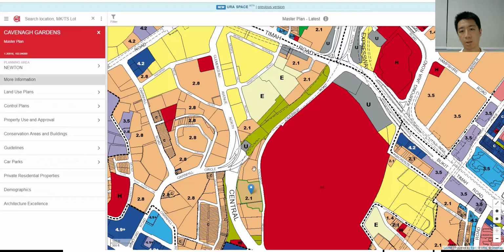Yeah, so the land around a sensitive area like the Istana also corresponds to the height restriction on the master plan. The plot ratio and the height restriction follow. If it's deemed to be a sensitive area, then the plot ratio will be lower, so they control the height by the plot ratio.